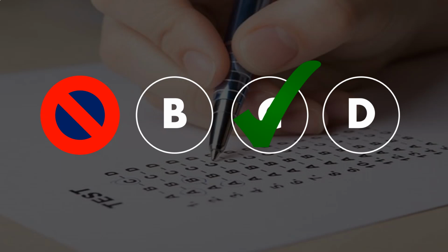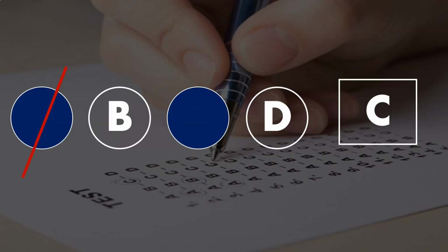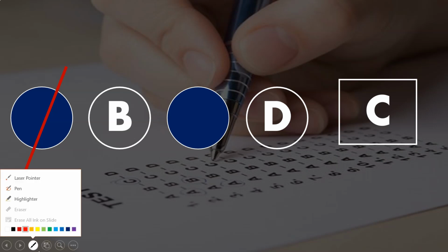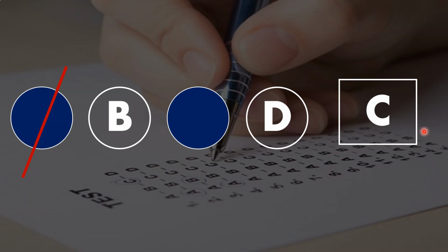So to avoid this, the CBSE has decided to introduce an extra space right here, this extra box. So since we thought that A was incorrect, we'd cross that out, strike off A, choose the correct answer, which is C, and then in this box right here, off to the side, we will write the correct answer.